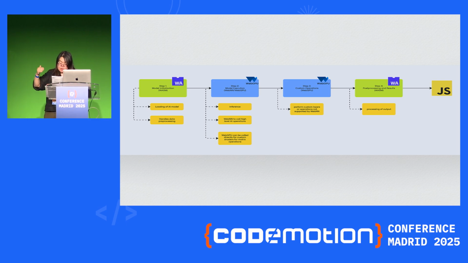For example, you can use WebNN or you can dump it to WebGPU for the custom operations. So you get all your data, you put it back to WASM as the orchestrator, you put it back to WebGPU for any custom operations, and finally, you put it back to WASM to do all your post-processing and get your results once the inferencing process is completed.